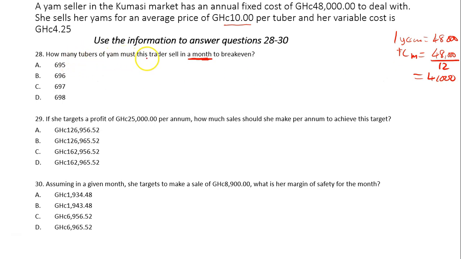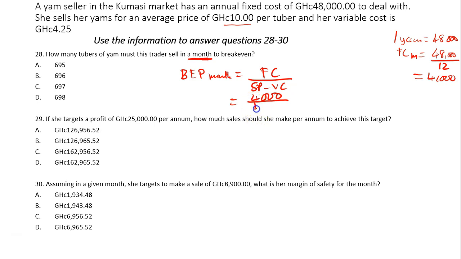So to get a break even point for the month, it should be fixed cost for the month divided by selling price minus variable cost. So what is the fixed cost for the month? Is 4,000 divided by, what's the selling price?